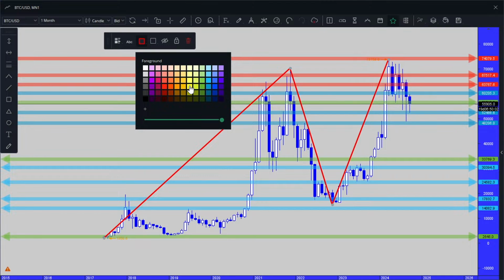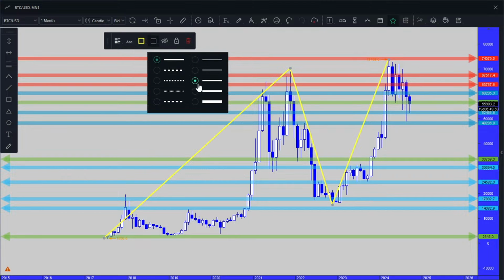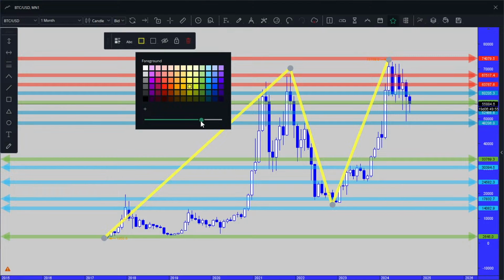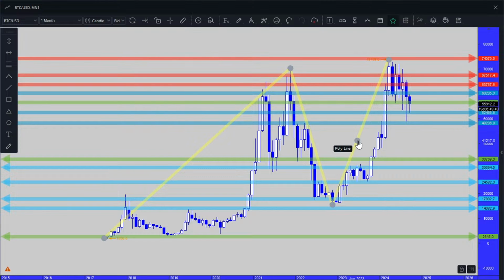So we're going to color code this in yellow, just an example, and make it transparent. Okay everybody, this is the market wave on the Bitcoin monthly chart.